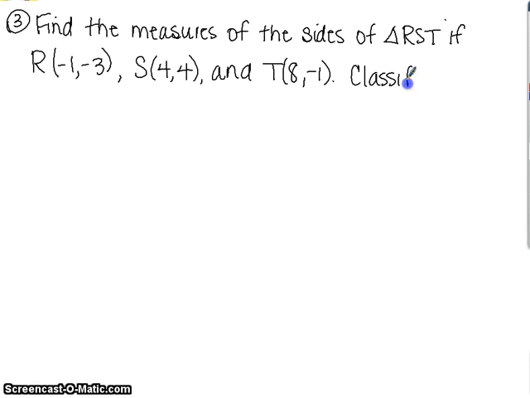Then we are going to classify the triangle by its sides.